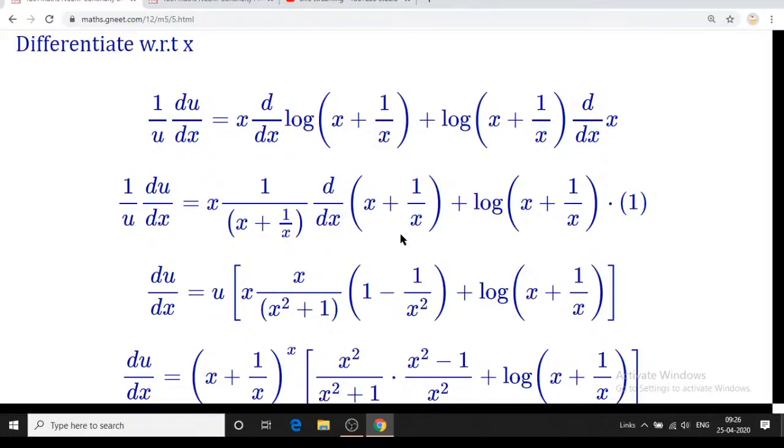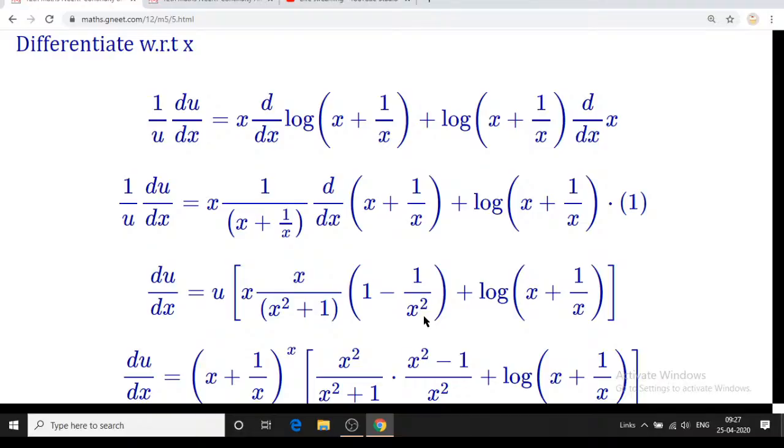Memorize this formula, that will be easy. Otherwise 1 upon x I can write as x raised to minus 1 and then use the power formula, you will get the same, only you add 2 more steps. So to avoid that, always remember the derivative of 1 upon x is minus 1 upon x square.